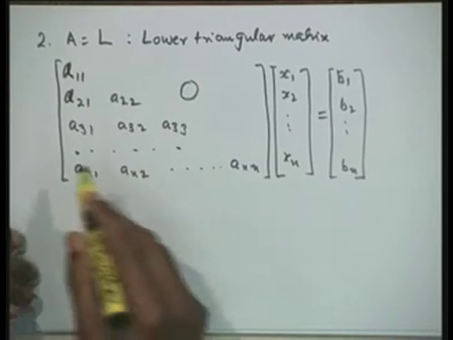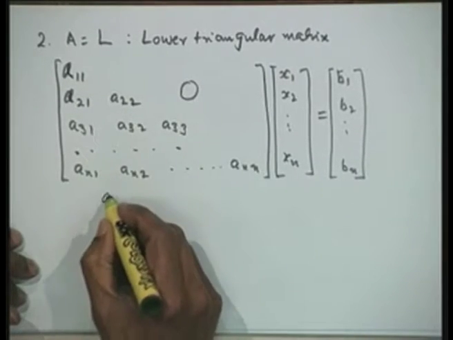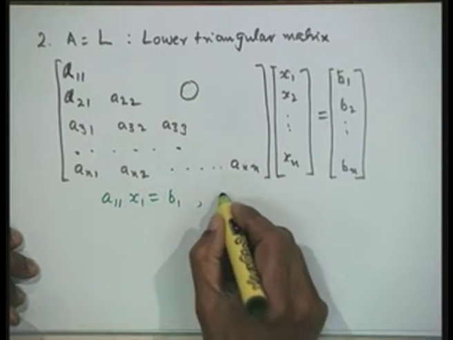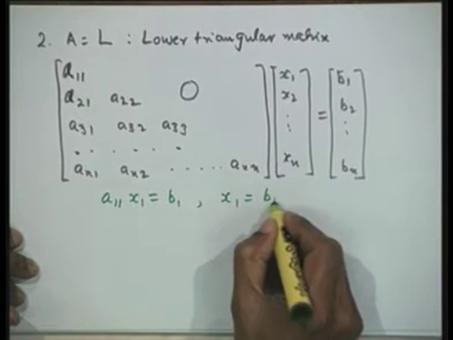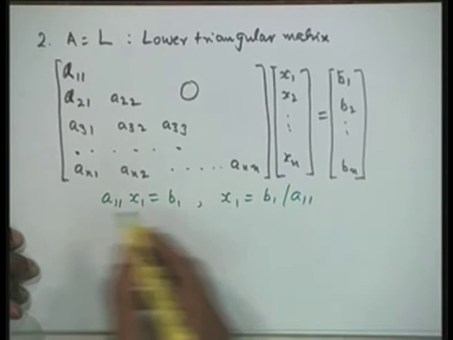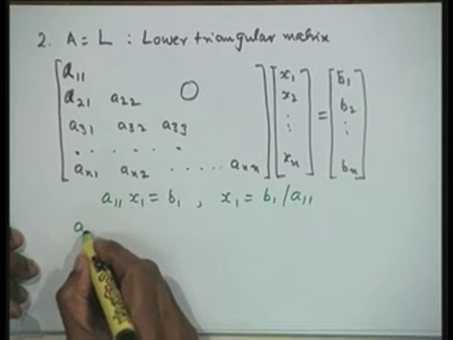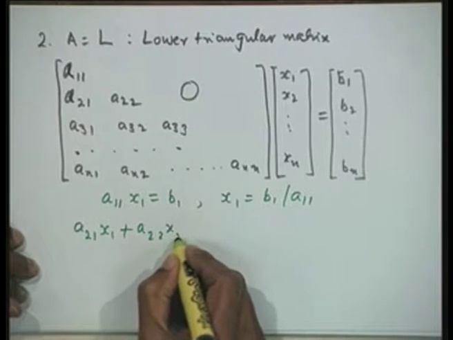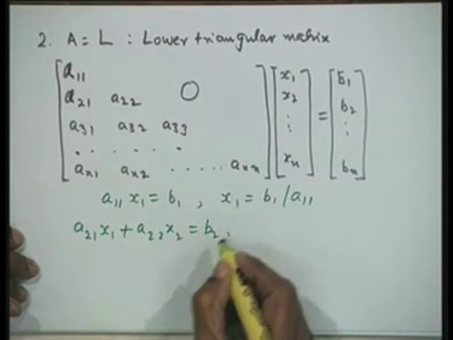Now, we can see that we can solve the first equation as a11 x1 is equal to b1, that is x1 is equal to b1 upon a11. Then I can take the second equation, that is a21 x1 plus a22 x2 is equal to b2.